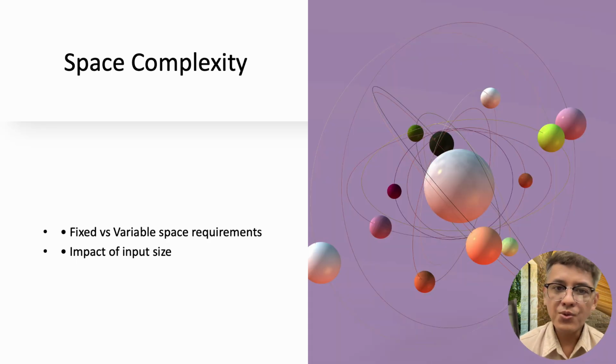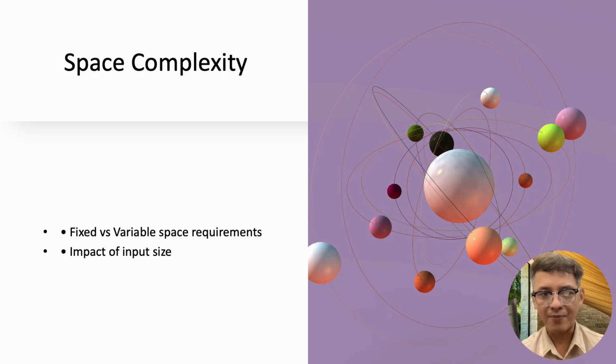Let's now turn to space complexity, which measures how much memory an algorithm needs to run based on the input size. Space usage can be broken into two parts. Fixed space, which means memory that doesn't depend on the size of the input. So for example, a few variables used to control a loop.